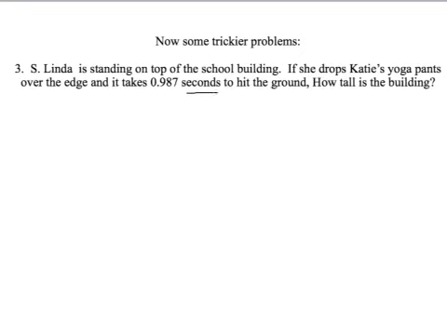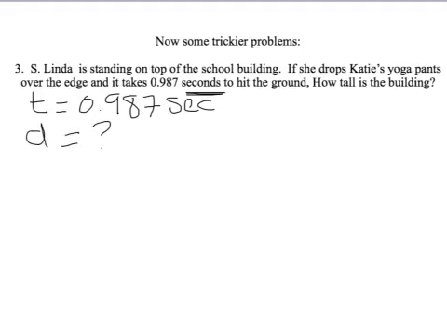So seconds means time. So I'm going to say that t equals 0.987 seconds. And how tall? What variable would that be? Well, would it be velocity or would it be distance? And I'm going to say how tall is distance, so I'm looking for the distance.